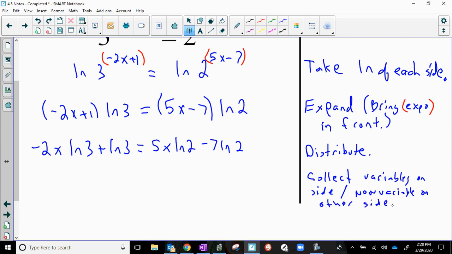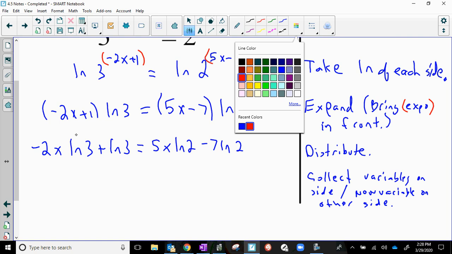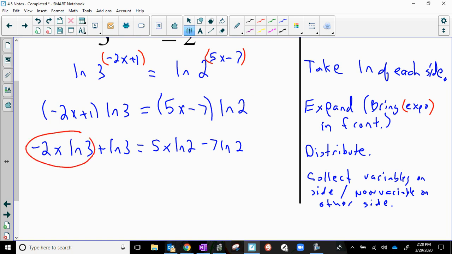We've done this skill many times since Algebra 2. Most recently, we would have seen this when we were finding the inverse of a rational function. So I'm going to go ahead and move my x's to one side and my constants to the other. I prefer adding, so I prefer to take this term and add it over here. And this term, I'll add it over here.